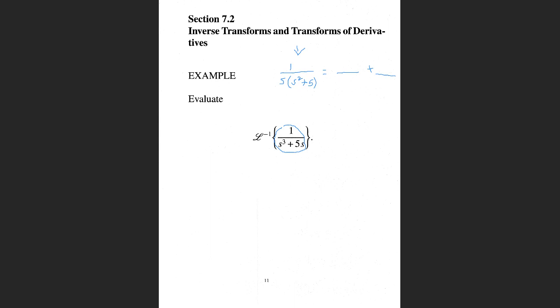Maybe the first function over s and the second function over s squared plus 5. What is that approach called? Zachary's calling it the AB method. Fraction decomposition. Partial fraction. Partial fraction decomposition. That's exactly right.